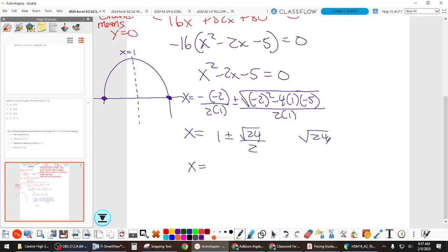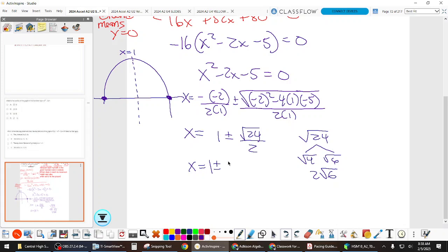Square root. Yeah, good. Which are what? There we go. 4 and 6. So 2 root 6. The nice thing, and the reason to do that, is because that 2 will cancel that 2. I'll write it out and then we'll do it.